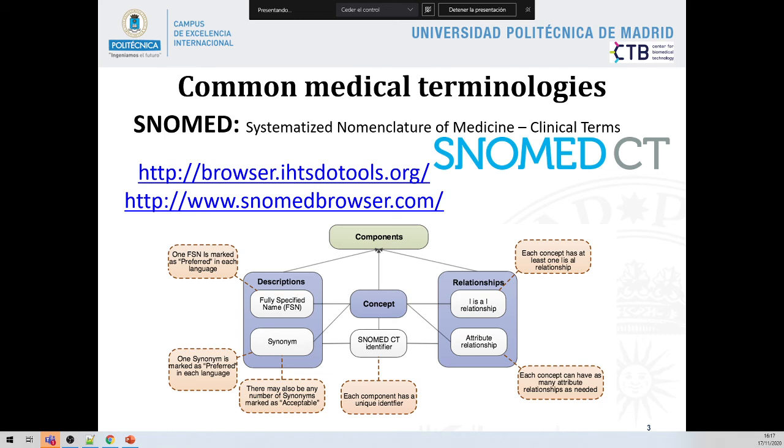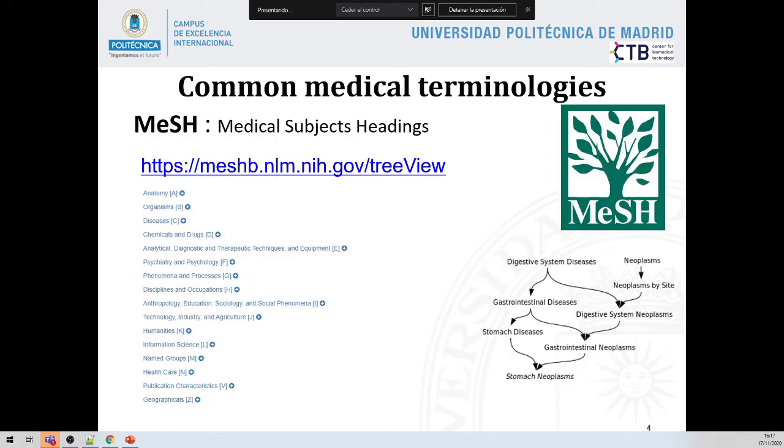Here you can search in the links that I show you for different diseases or concepts related to biomedical knowledge. Another one is MeSH. MeSH is a controlled vocabulary that is mostly used for indexing journal articles or books in life science, for example PubMed, Medline, and also some clinical trial databases.